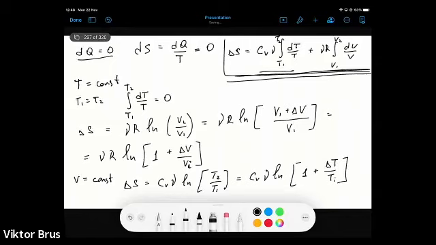So we considered isobaric, adiabatic, isothermal, and isochoric process.